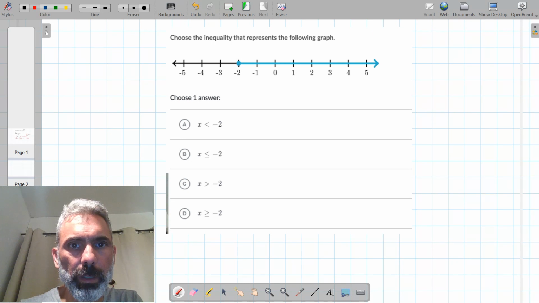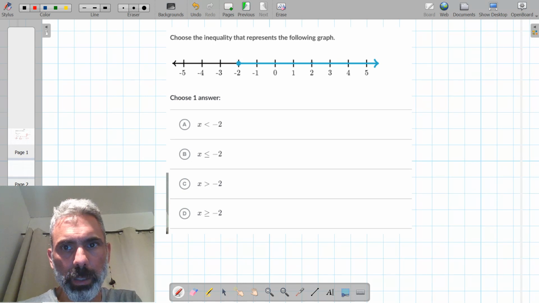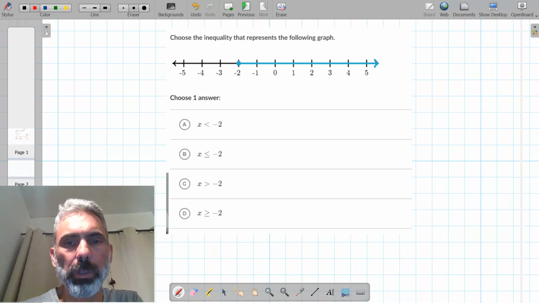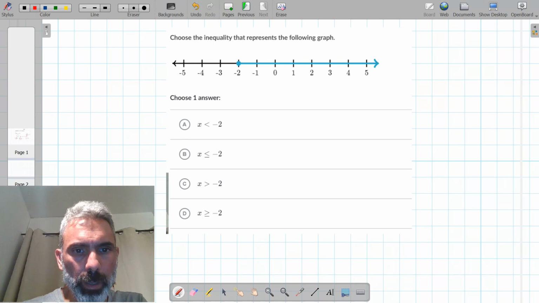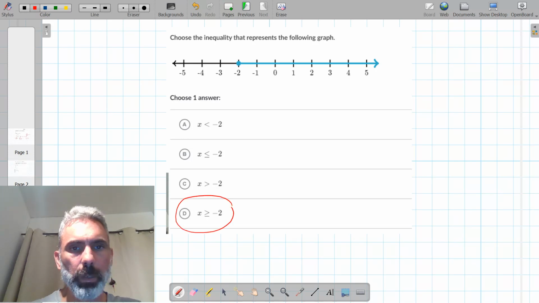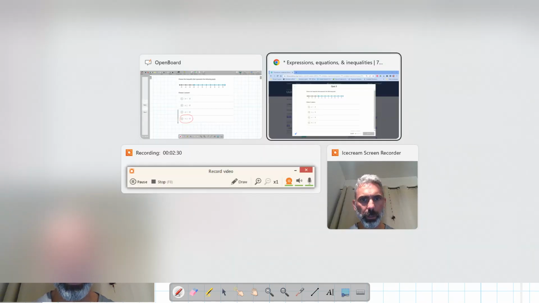Because the circle is solid, it means that minus 2 is included in the solution set, and the arrow is to the right of minus 2, which means that all the numbers in the solution set are greater than minus 2. So x has to be greater than or equal to minus 2. So D is the correct option.